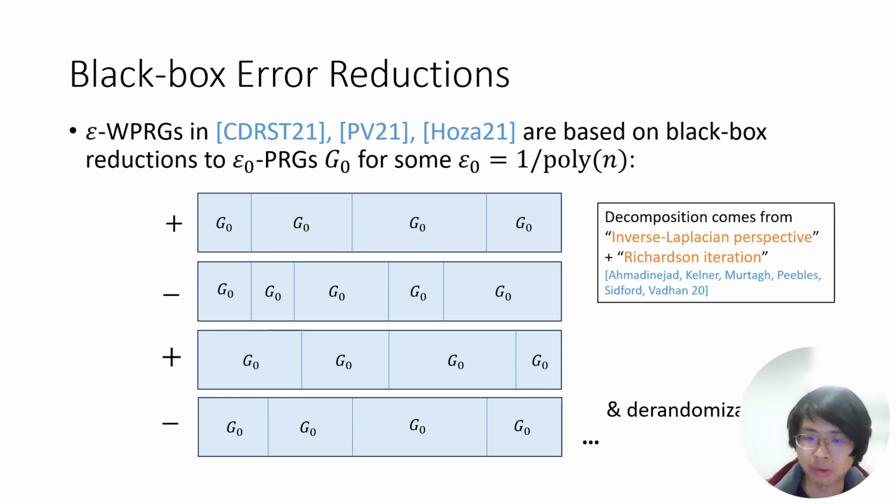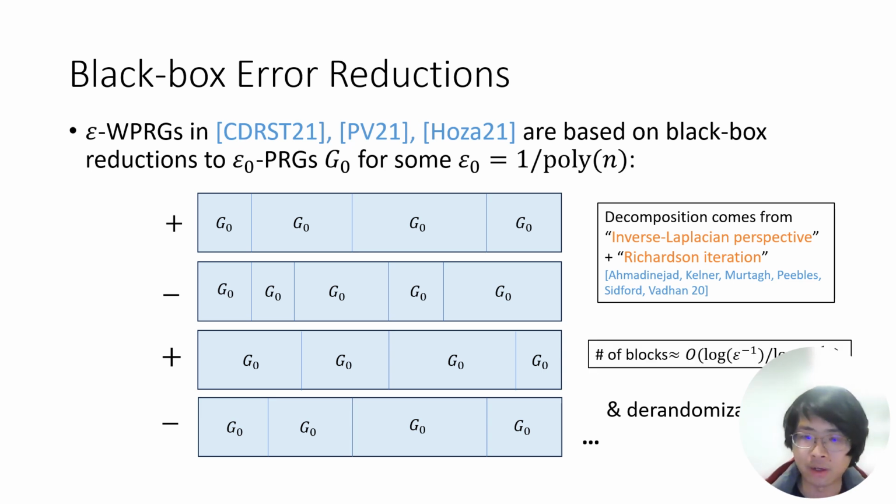Throughout this talk, we will take the generalization part for granted and only focus on the decomposition part. The decomposition part in previous work mainly used Richardson iteration, a technique borrowed from spectral graph theory. This gives a number of blocks roughly log 1 over epsilon divided by log 1 over epsilon 0, which is good enough to imply a really good seed length after generalization.